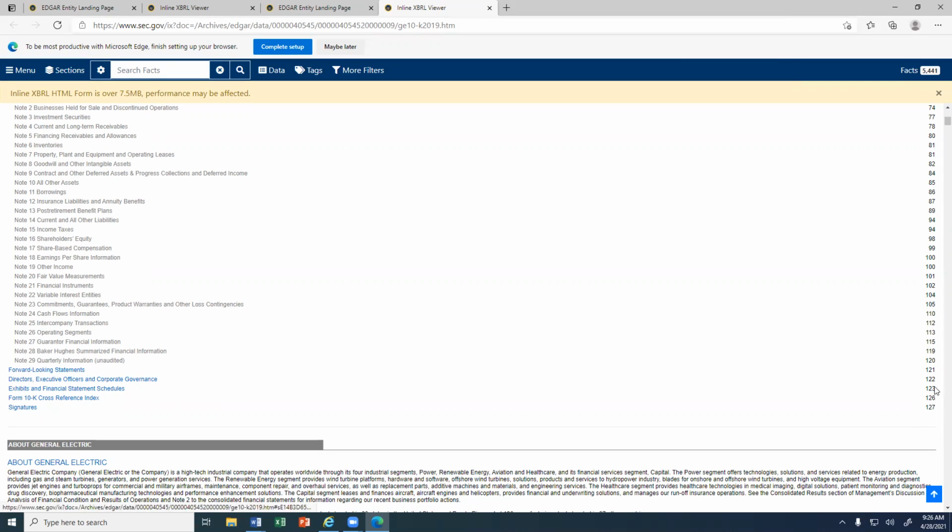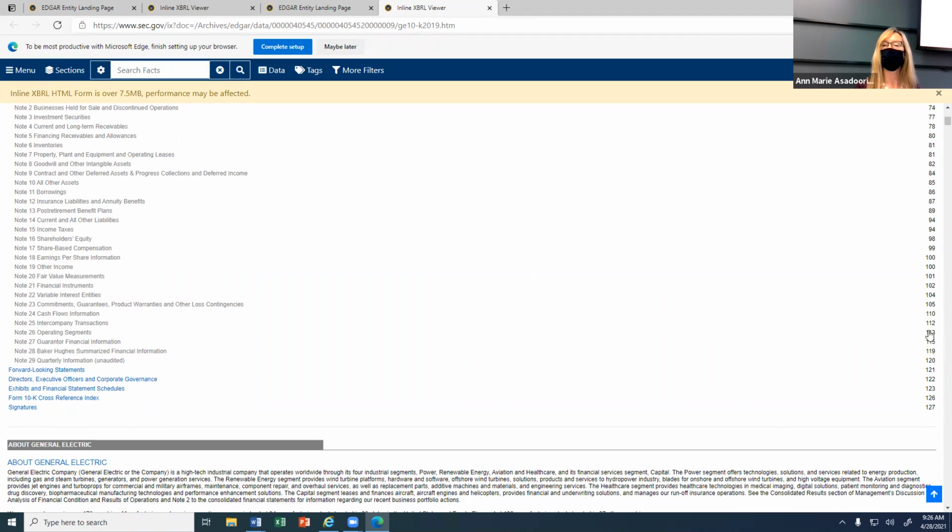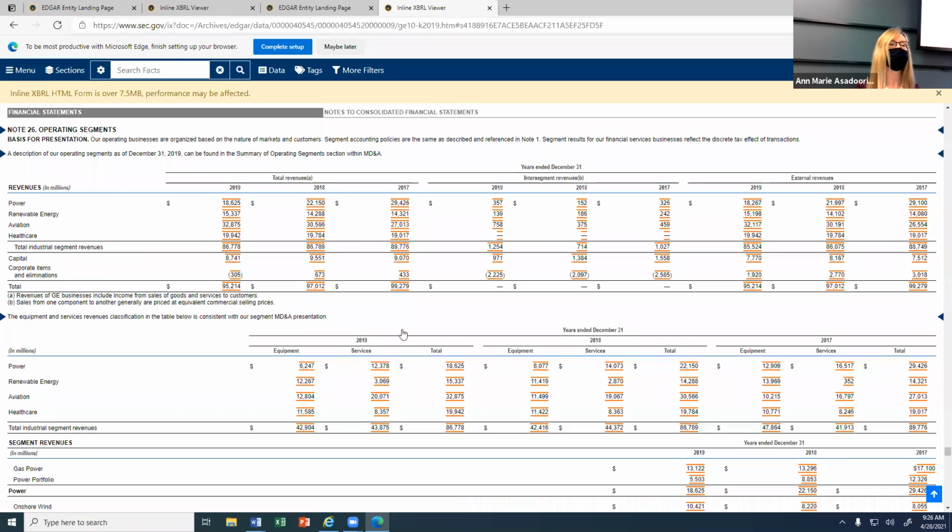Financial statements. I believe it's page 113. If you click on 113, you're going to get what you're looking for.